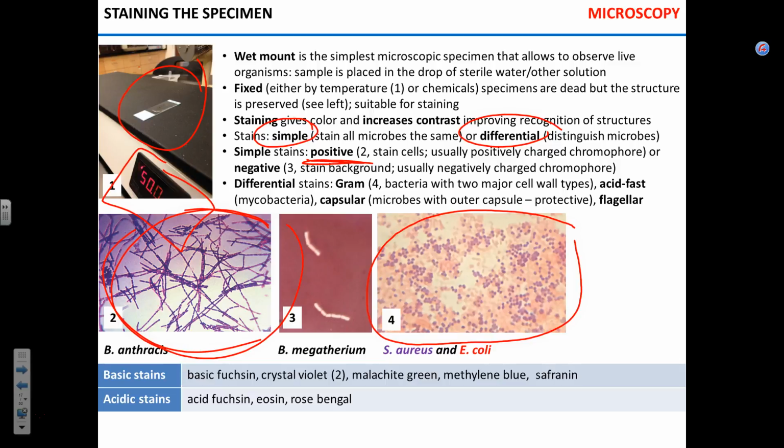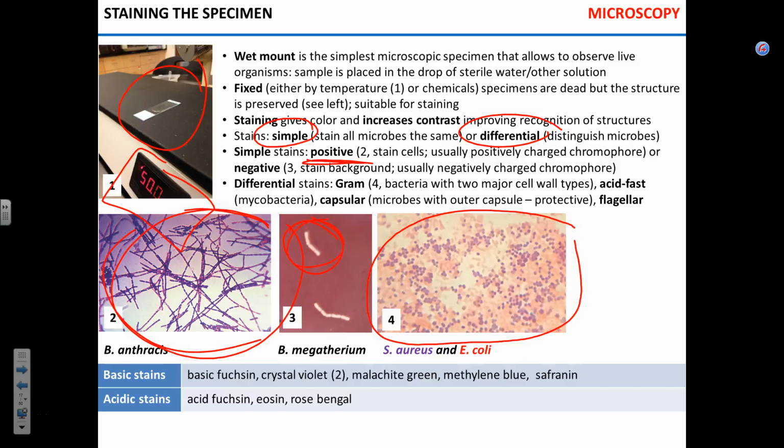Things like nigrosin are negative stains. They're usually negatively charged, okay, and then stain the background, but not the cell. You can see it here. Okay, Bacillus megaterium on this image, image number 3, is stained with, I don't know if it's nigrosin or India ink.